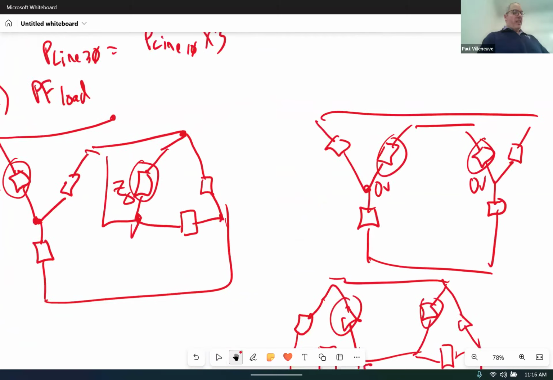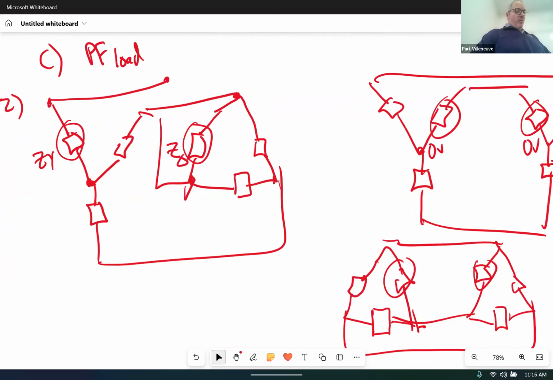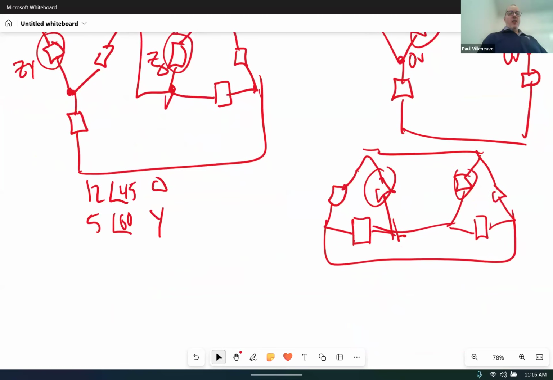So all you needed to do this one was you were given 1245 delta or 560Y. Convert either one and then put them in parallel. So let's say you want to do the Y connection. So to go from delta to Y, you have to divide by 3.